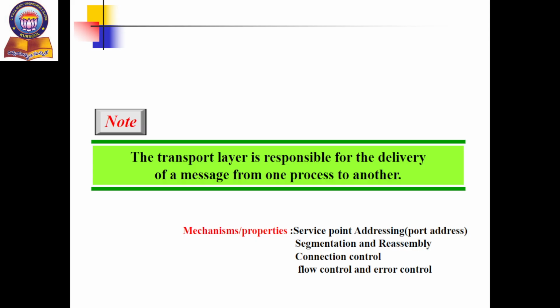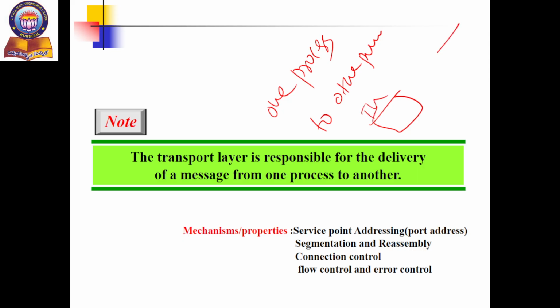So what is the main responsibility of the transport layer? It is responsible for delivery of a message from one process to another process. A process is, for example, when in my system I open Instagram, and in another system Instagram is opened.